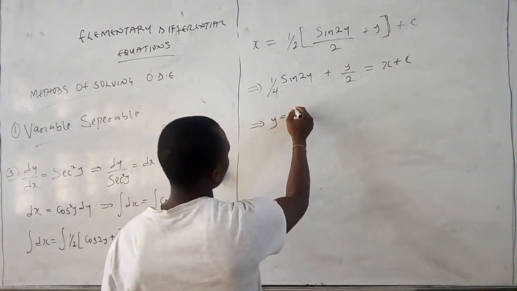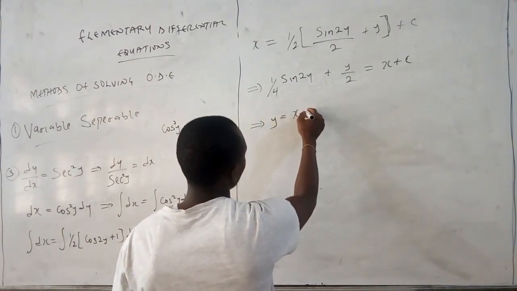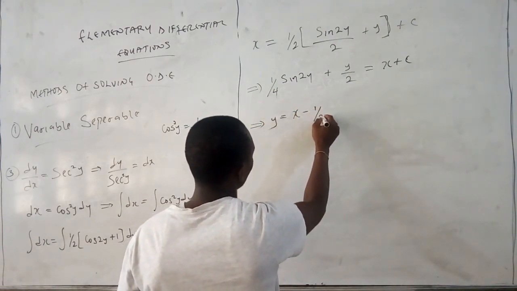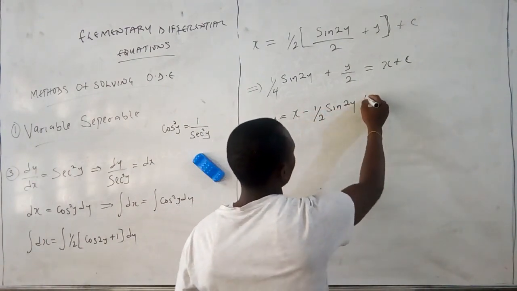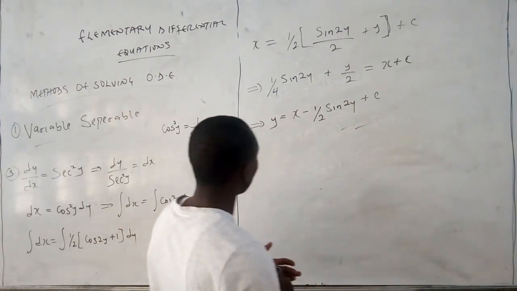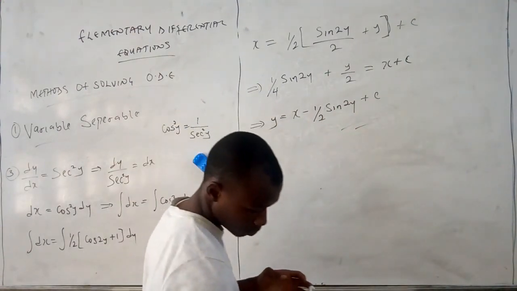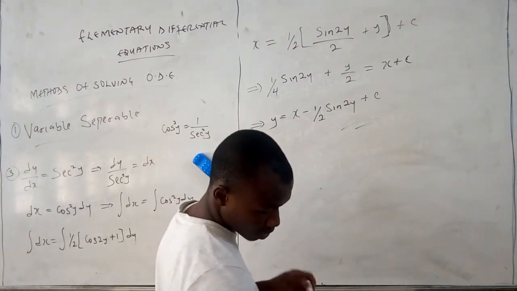You have y to be equal to x minus 1 over 2 sine 2y plus c. So this is our solution.